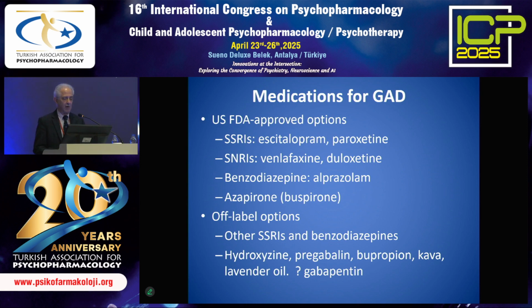But we also have some off-label options that have apparent efficacy based on studies. So there's other SSRIs, other benzodiazepines, and then other drugs like hydroxyzine, pregabalin, bupropion, kava, lavender oil, and question mark about gabapentin might have roles in treating GAD.